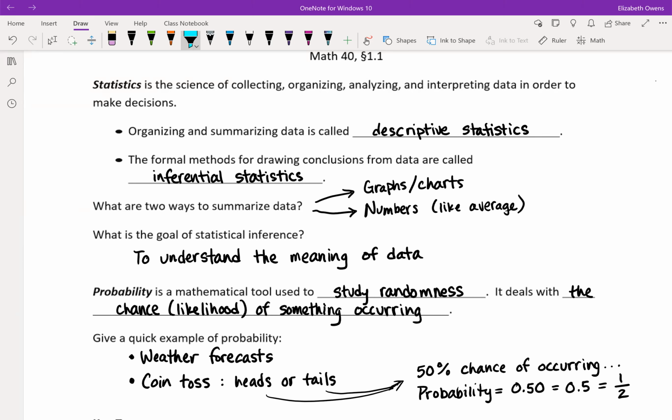All right. Which, if you dig into that fraction a little bit, there were two possible outcomes, heads or tails, and we want the chance that one of those is going to occur. So, like heads is one outcome out of the two possible outcomes. So, that's just a little preview. We're going to get into probability really in chapter 4, but there's an introduction to the idea.